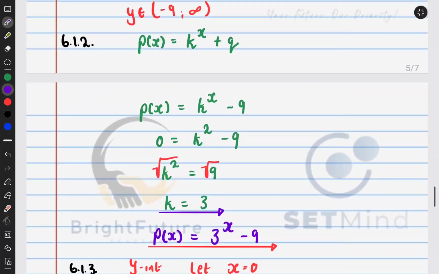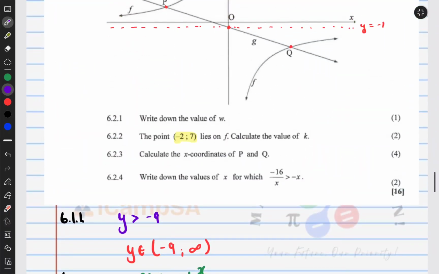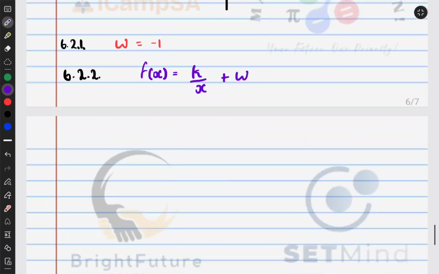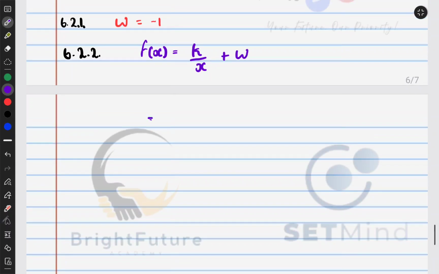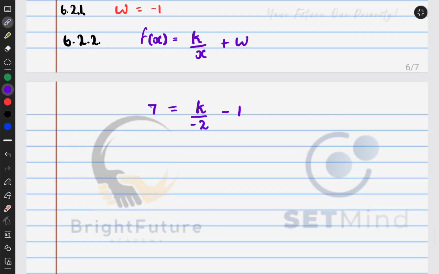We have the coordinates (-2, 7), and we have to substitute that. So we have 7 = k/(-2) - 1, the value of w.